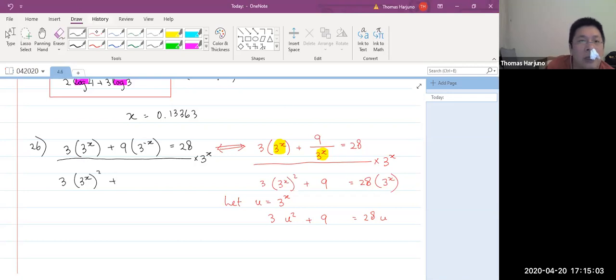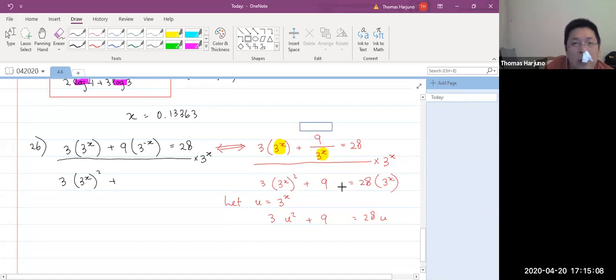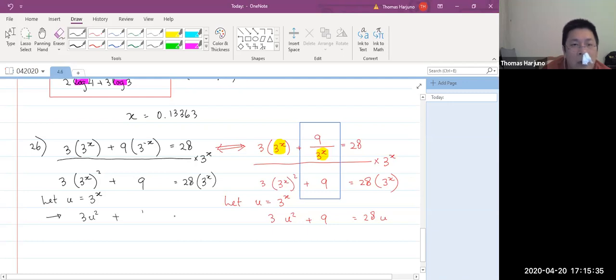As you can see, when you multiply by 3 to the x, it becomes 9. And the last term on the other side of the equal sign, we get 28 times 3 to the x. Now, when I let u equal 3 to the x, the equation becomes 3u squared plus 9 equals 28u.